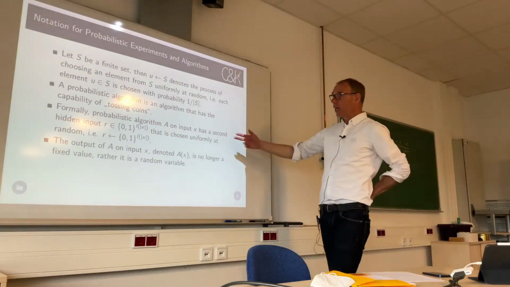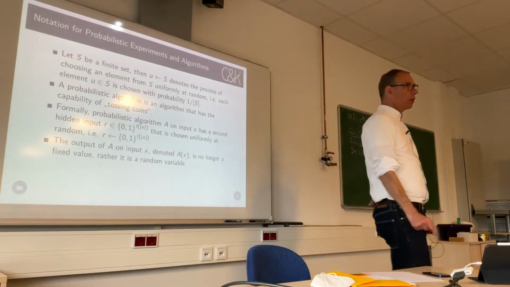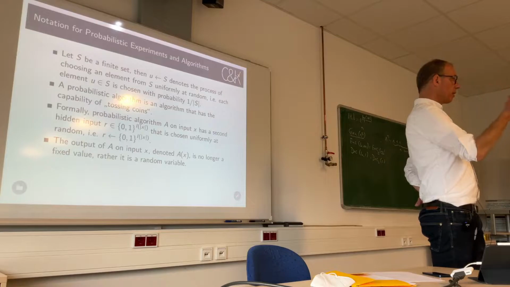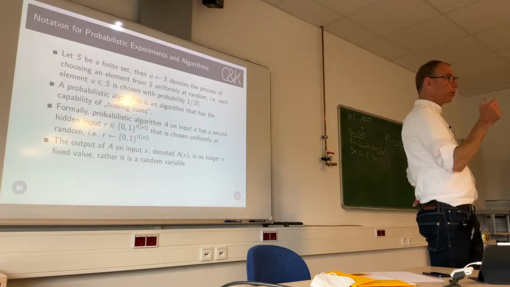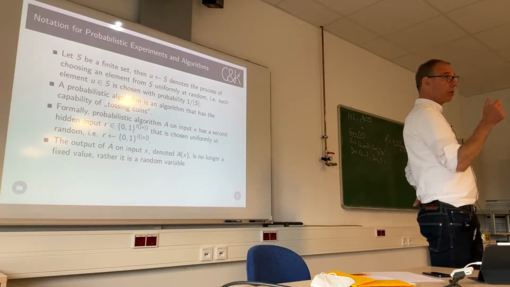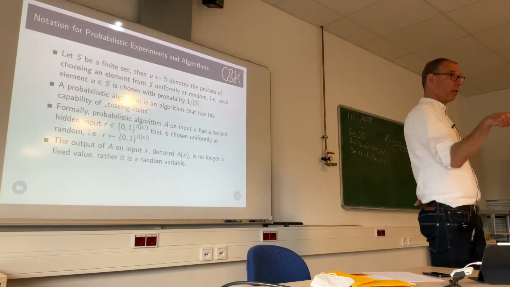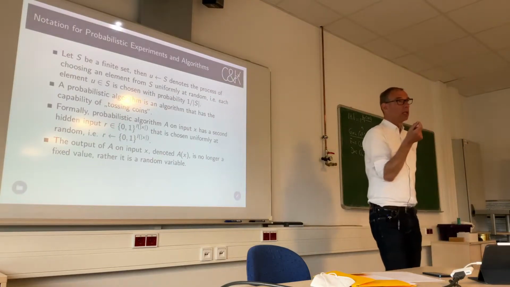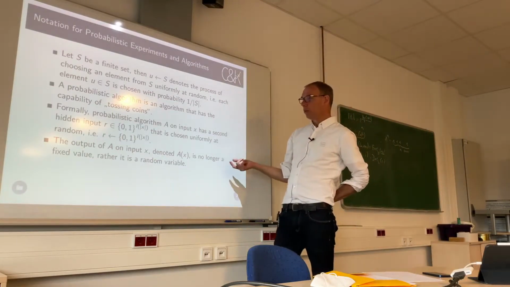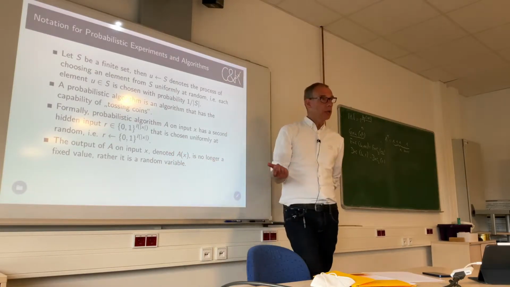Once we have an algorithm that can toss coins, you usually think of an algorithm as producing, on input x, a fixed output. If it can toss coins, it need not produce a fixed output. The output may depend on the coin tosses, on the random bits that it has. So formally, the output of A on input x is no longer a fixed value.